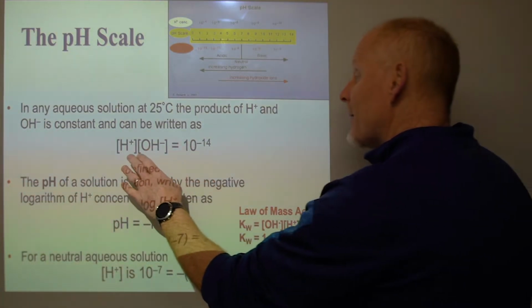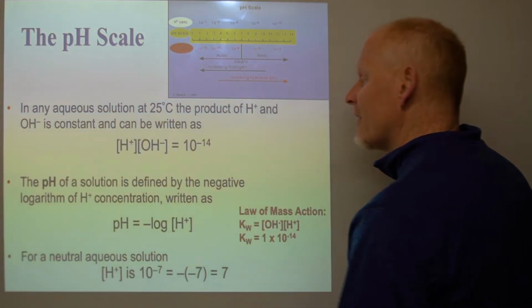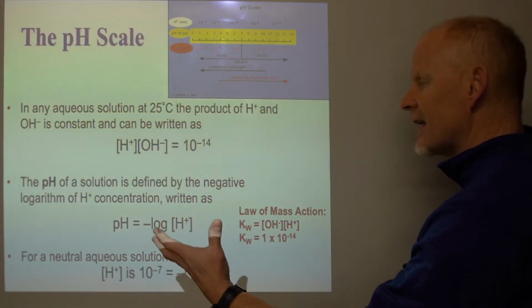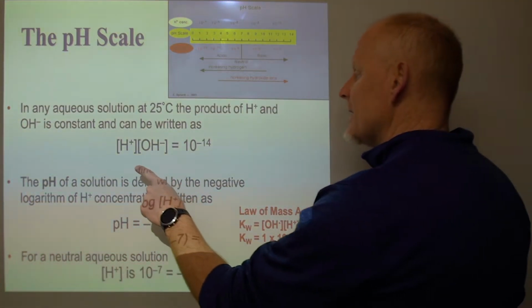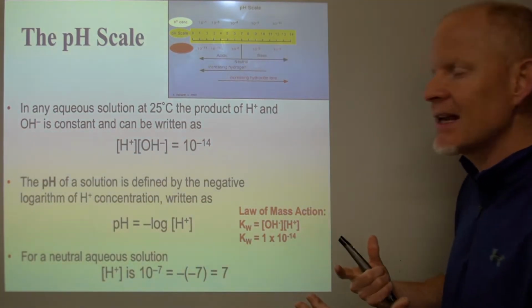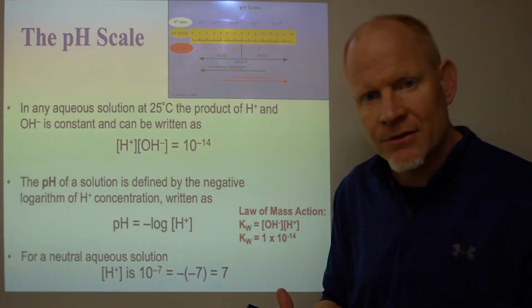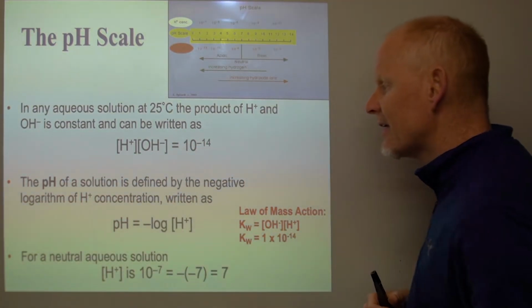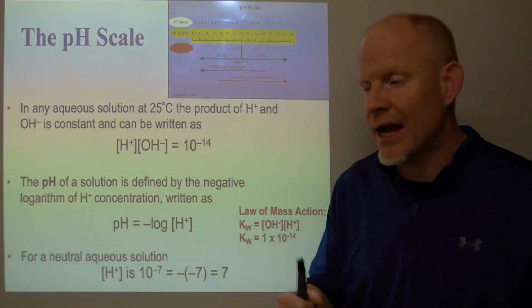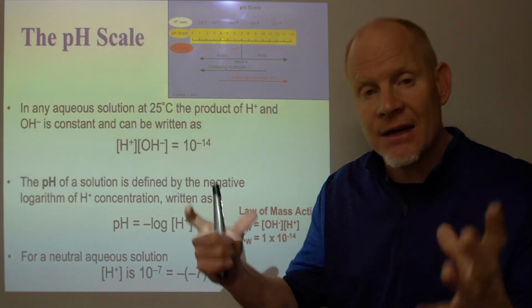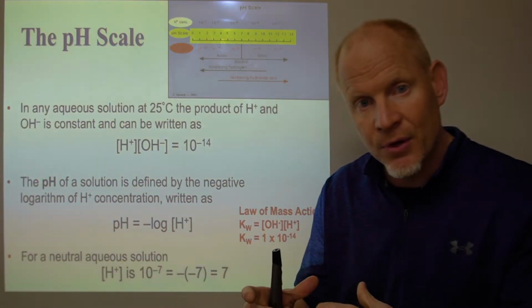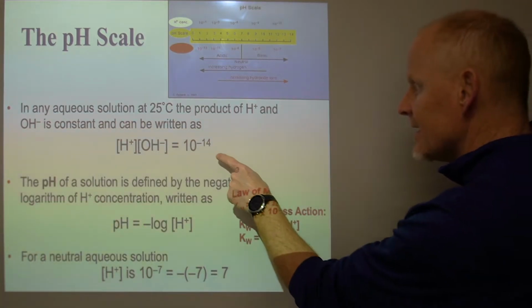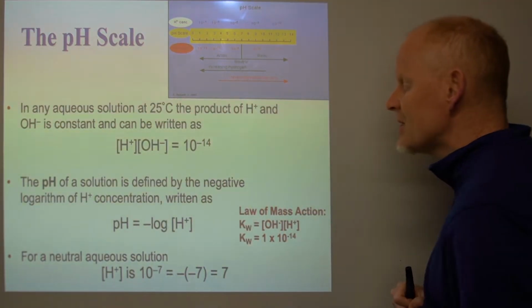If one water molecule in every 554 million is breaking down, 10 to the negative 7th at any one instant, then there also has to be 10 to the negative 7th hydroxide ions. Together, those equal 10 to the negative 14th, the hydroxides and protons that you find at any one time in pure water, right?